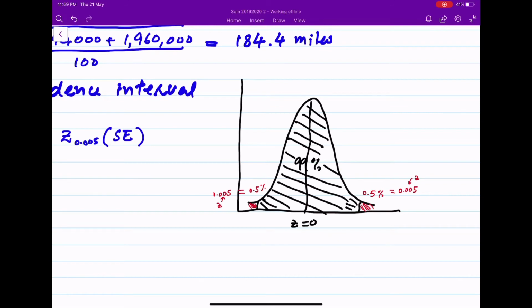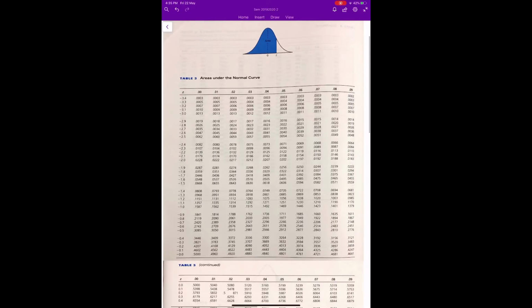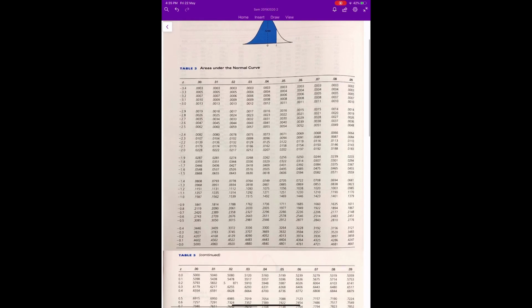Now we have to find the corresponding value of z for the area equal to 0.005 on each side, negative and positive. This is how it is done from the table. The table contains all the areas under the curve, and the leftmost column and the topmost row are the values of z. Now we have to find, on the left side, meaning the negative side, the area equal to 0.005.